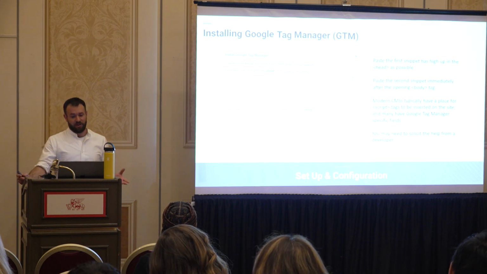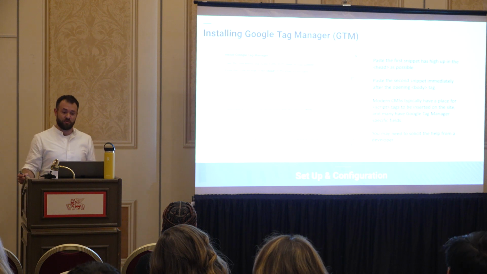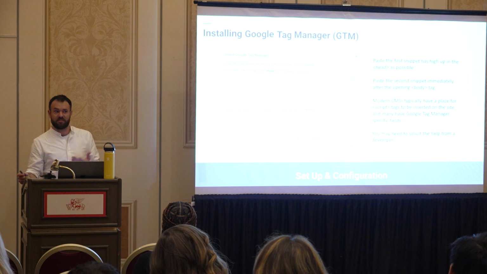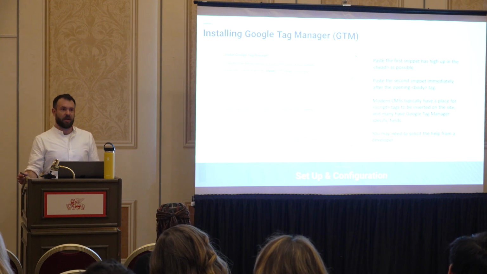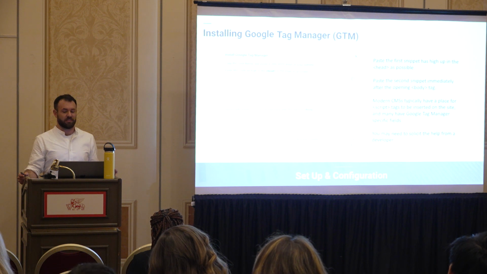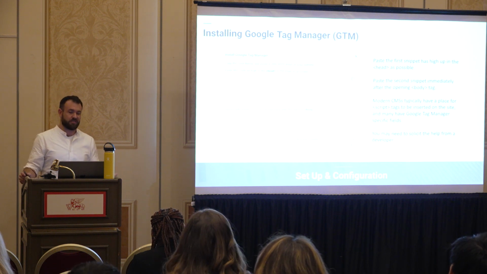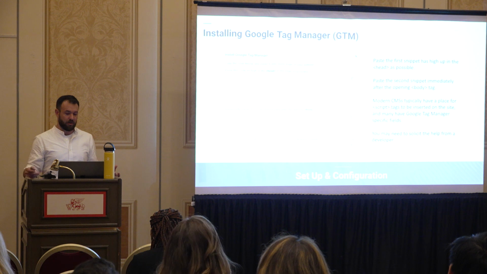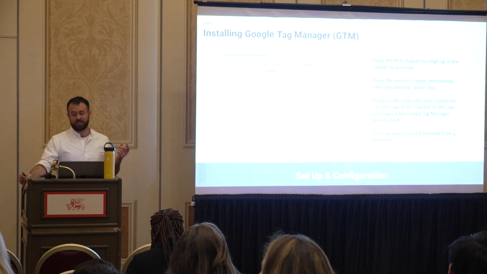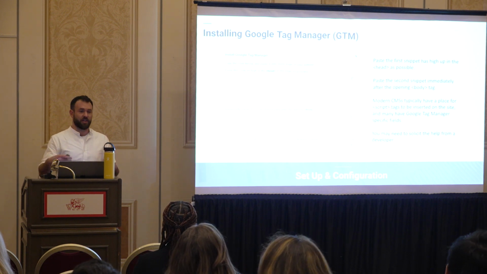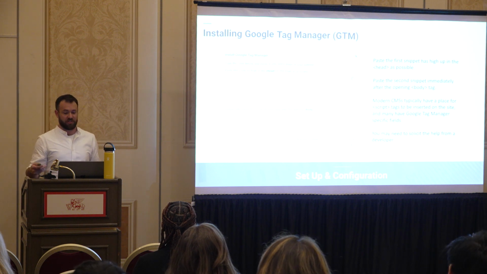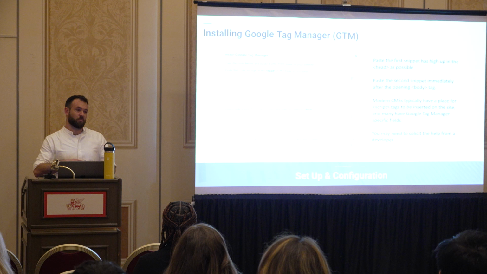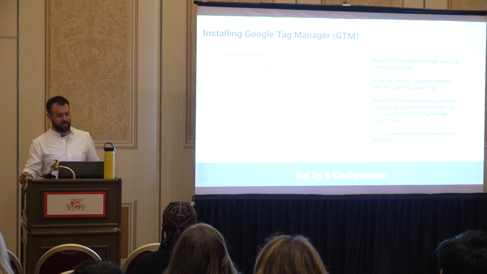However, most CMS platforms these days have fields for installing GTM. If you're using WordPress, there's a plugin for it. If you're using Drupal, there's a module for it. Most smaller CMS platforms like Squarespace and Shopify have fields for snippets of code or scripts where you can just drop the code right in. That makes it a little bit safer to install that code without wiping out the entire website in the process.